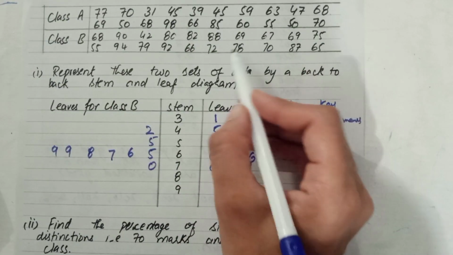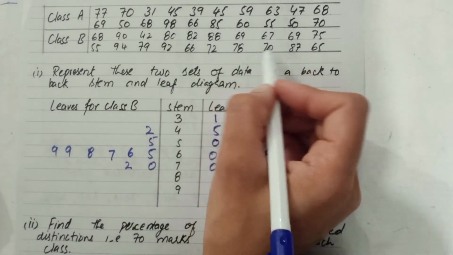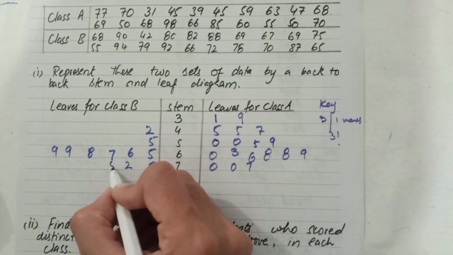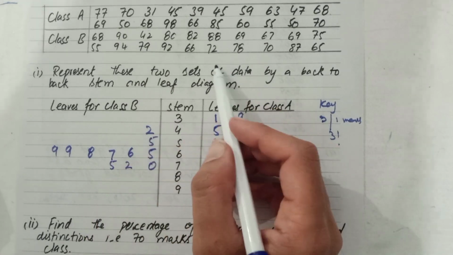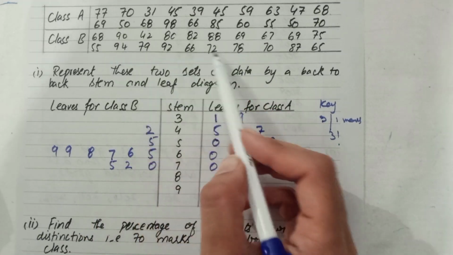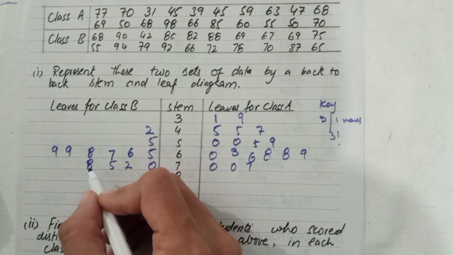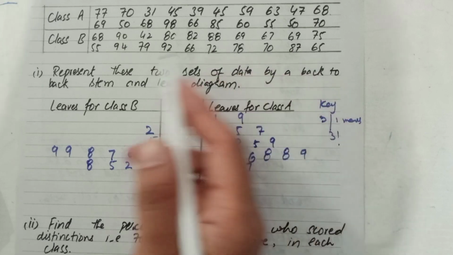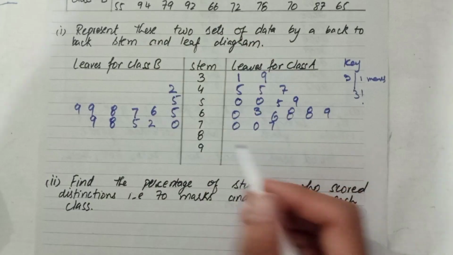this one, then 2 and 5, then 8, yes, 7 8, and then 9, yes, 7 9.